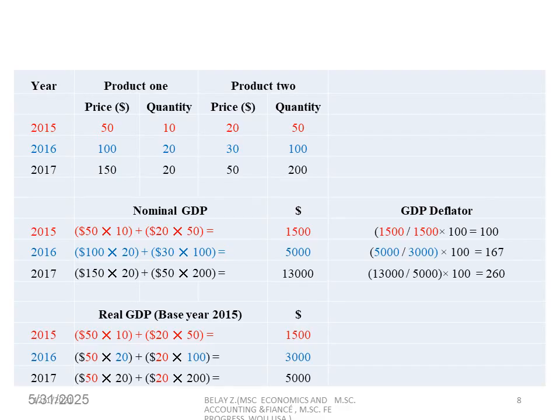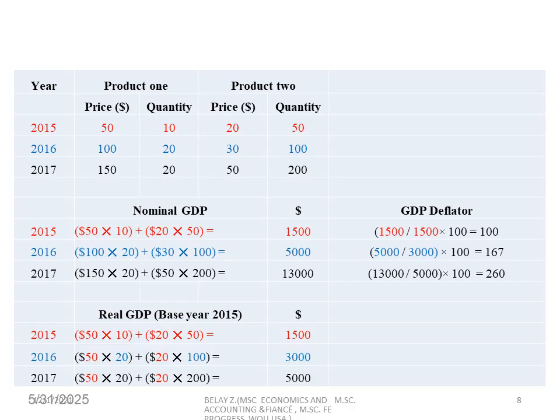With the same products, product 1 and product 2, with the same price and the same quantity, let us calculate our GDP deflator as we said. GDP deflator is calculated as nominal GDP over real GDP times 100. Let us calculate GDP deflator for 2015, that is 1,500 over 1,500.